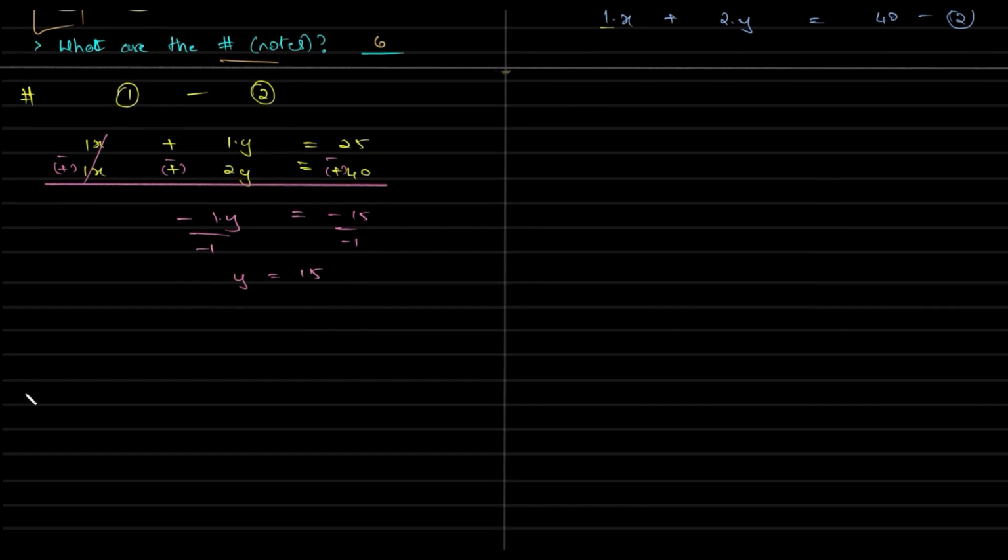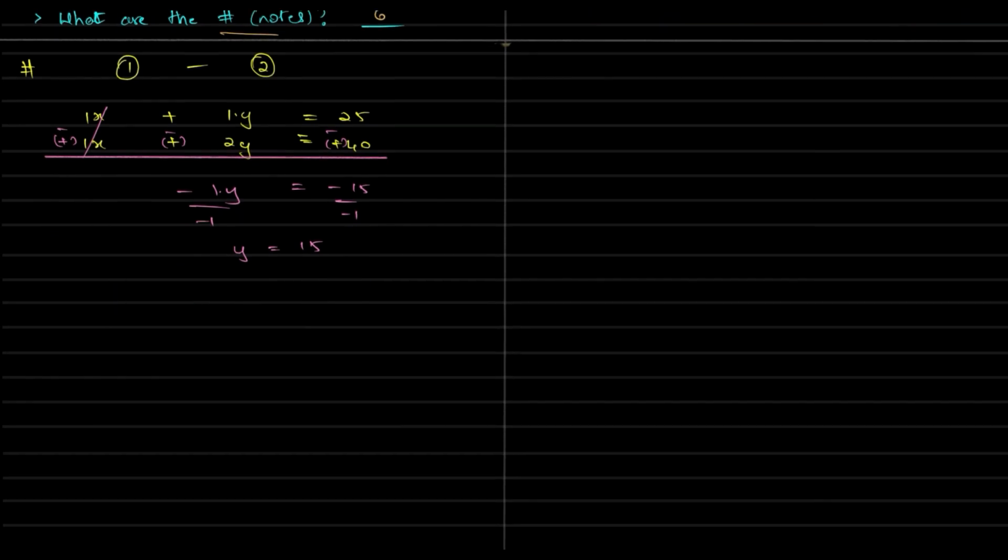Now we can find x by substituting y in equation 1. Quite simple. 1x plus 15 is equal to 25. So subtract 15 on both sides.